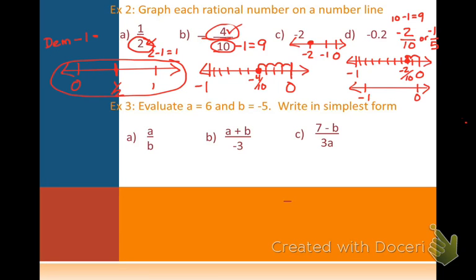But this time, I need 5 minus 1 equals 4 lines. 1, 2, 3, 4. And again, I'm starting with 0, and I need to only go over 1. So here it is. It's negative 1/5. So either one of those will work. You can even put down 0.2 for it instead of the fractions. Either way will be fine.